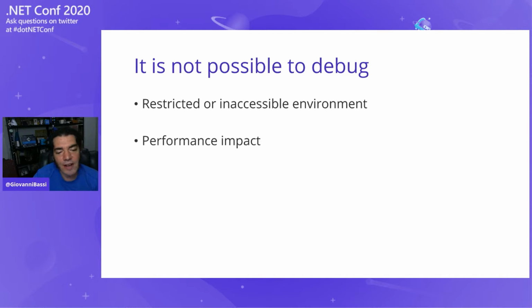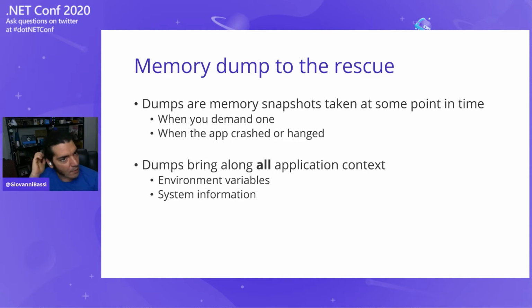So in this case, you have a problem in production that you cannot solve in the usual way, right? So what do you do? Memory dumps come to the rescue. You take a picture of the memory, and you get to see everything that's going on within the application. You can bring this dump to your machine and analyze it.